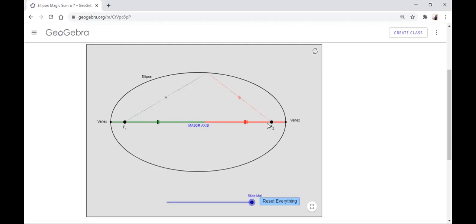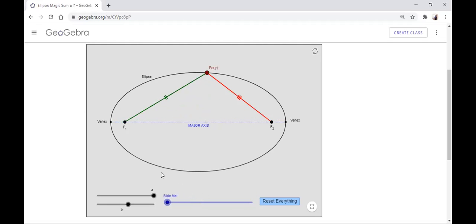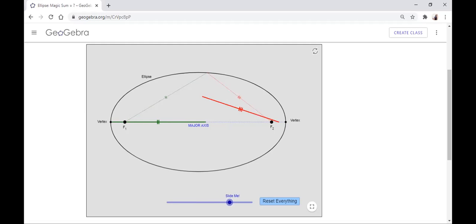The length of the complete line segment is equal to the sum of the lengths of PF1 and PF2. Are you convinced? Are you able to see it? See your PF1 plus PF2, no overlapping.